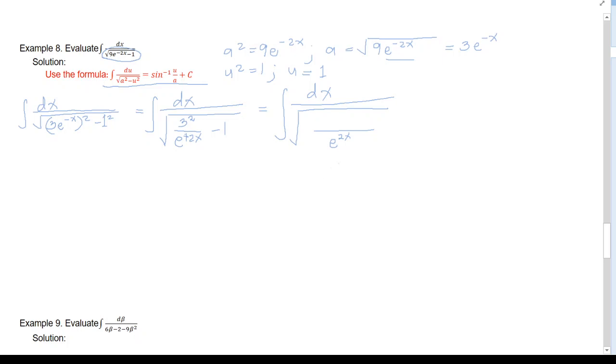So that is e raised to 2x, and that is 3 squared minus, so for this one, that is e raised to 2x multiplied by 1, that is e raised to 2x.